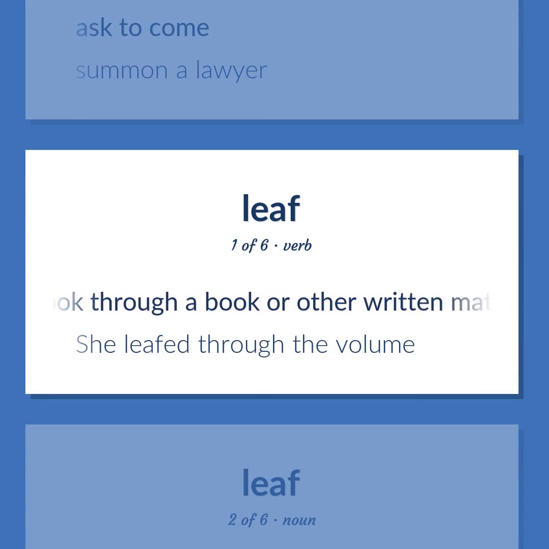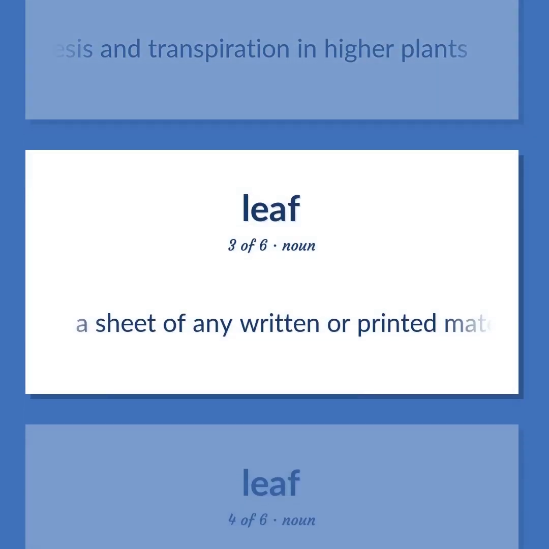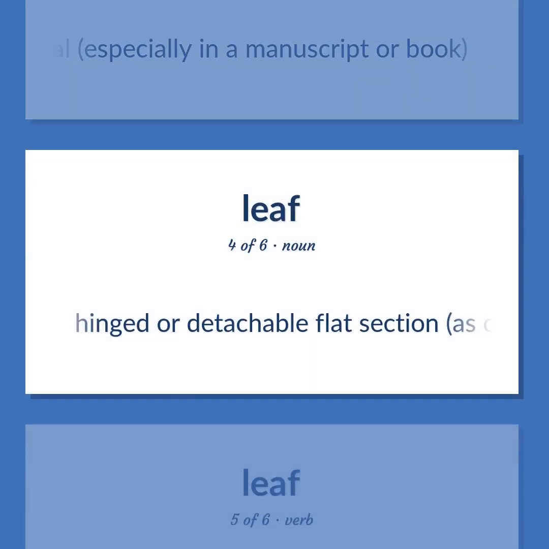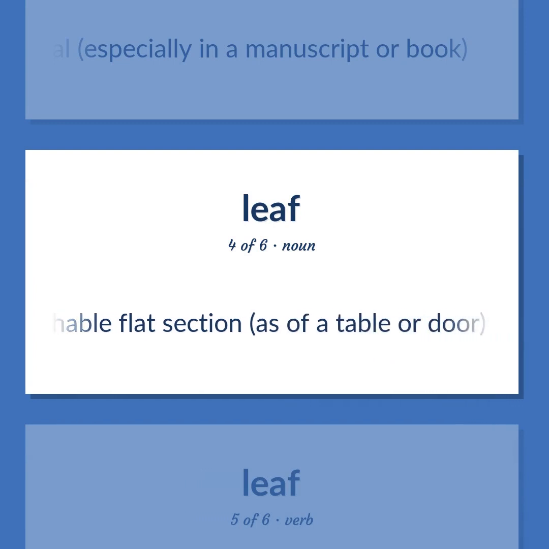Look through a book or other written material. She leafed through the volume. The main organ of photosynthesis and transpiration in higher plants. A sheet of any written or printed material, especially in a manuscript or book. Hinged or detachable flat section, as of a table or door.